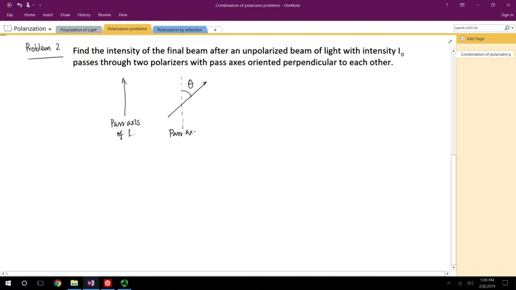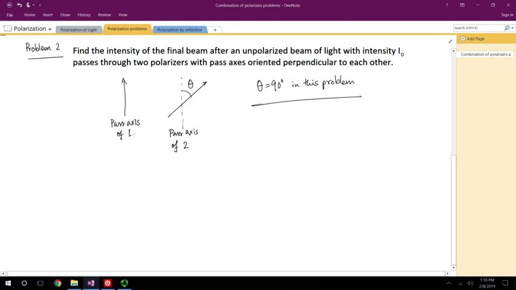So pass axis of 2 in that picture, right? We know in this particular problem, theta equals 90 degrees, because the two pass axes in the problem are perpendicular to each other, right?